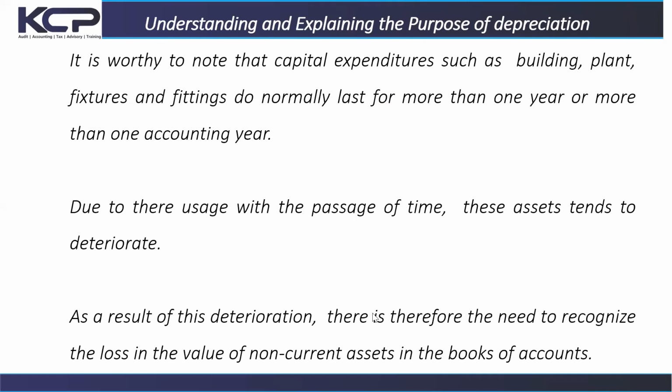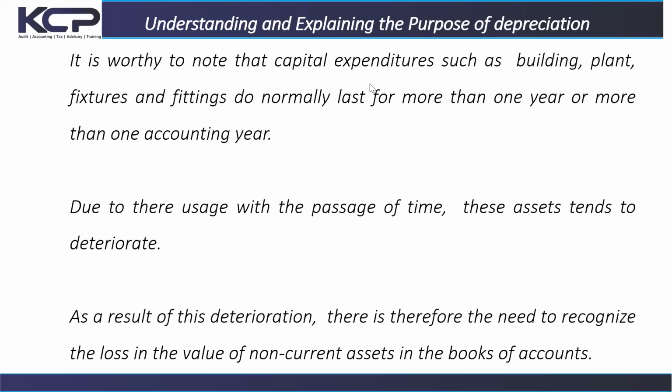IAS 38 relates to intangible assets, and then technically makes some relevant provisions for amortization. But a different standard actually addresses the concerns of impairment. That is what we call IAS 36, impairment of assets, right?